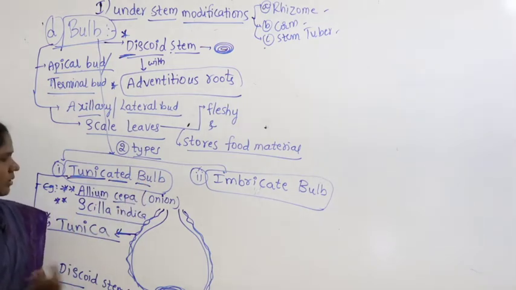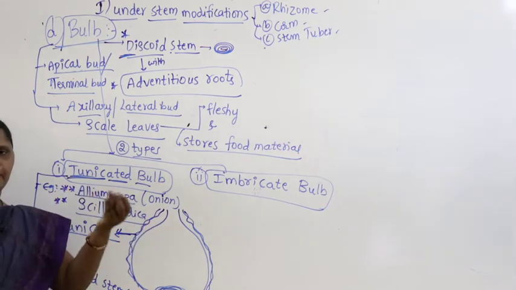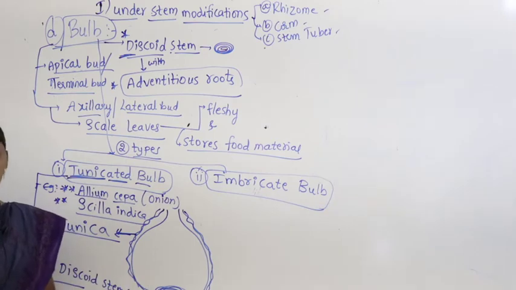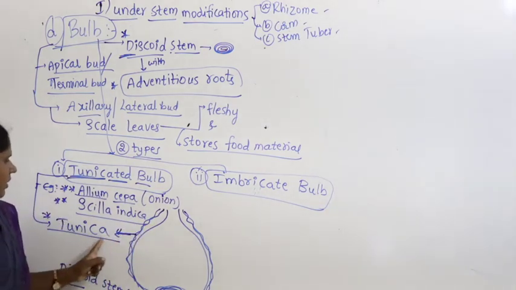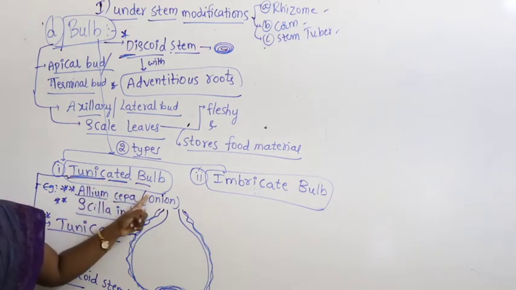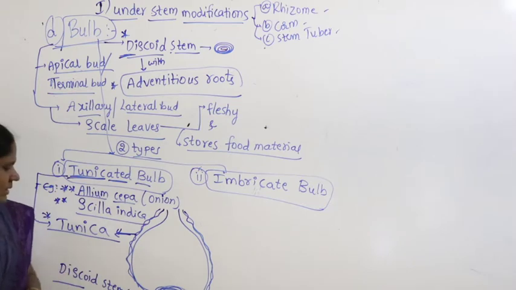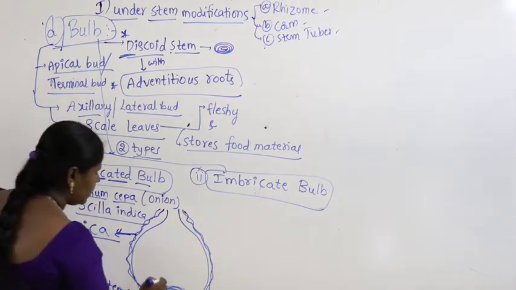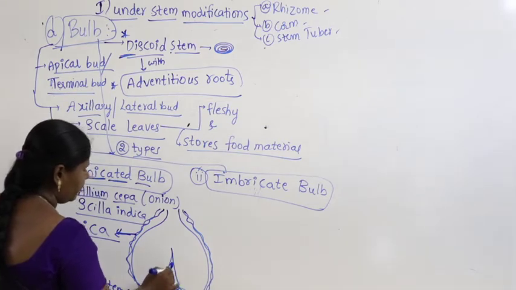I hope you got it. In onion, when you remove the outer layer, the uppermost thin papery pink-colored layer, that itself is called tunica. Let us go inside the onion. Inside, you can see green or white colored parts.